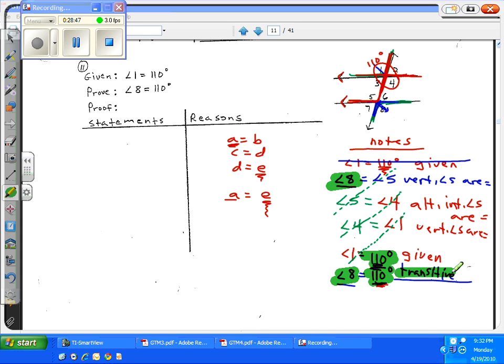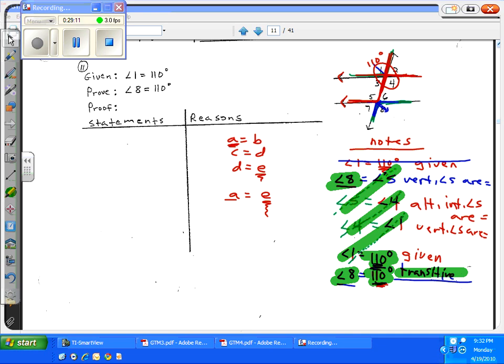Therefore, transitive is justified. In the statements above it, notice that 8 equal 5, 5 equal 4, 4 equal 1, 1 equal 110, so 8 equal 110 transitive. See how transitive property works?